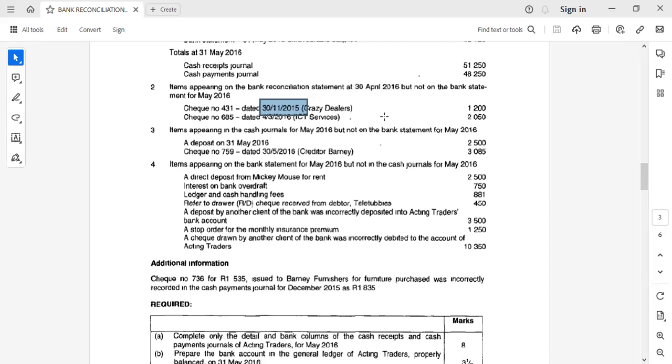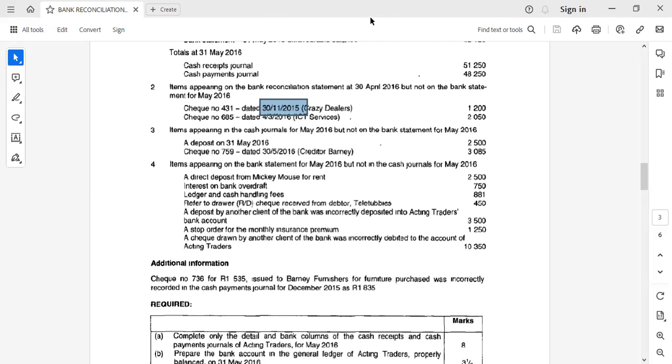Now a stale check is recorded in the cash receipts journal. Why? Because the day that we paid this money on 30 November, we recorded it in the cash payments journal. Since the check is no longer valid, we have to reverse it. To reverse a payment, we don't cancel in accounting. We have to record a contra item in the receipts.